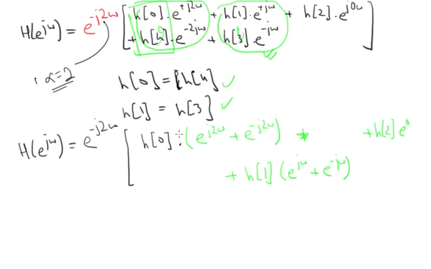So here you can multiply and divide it by 2. Similarly, you can multiply and divide it by 2. So this is cos 2 omega and this is cos omega.